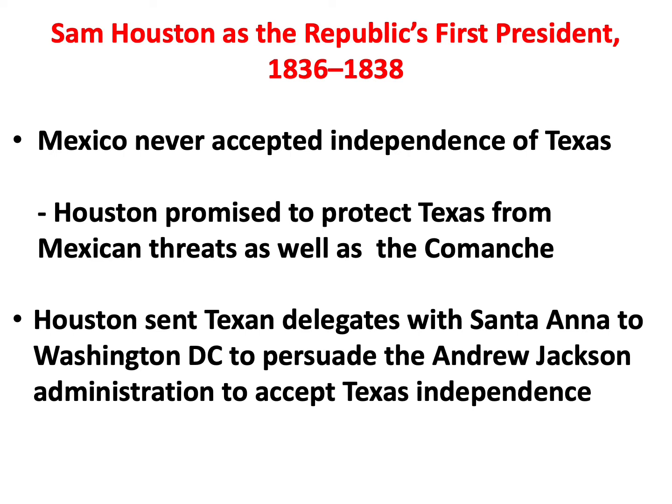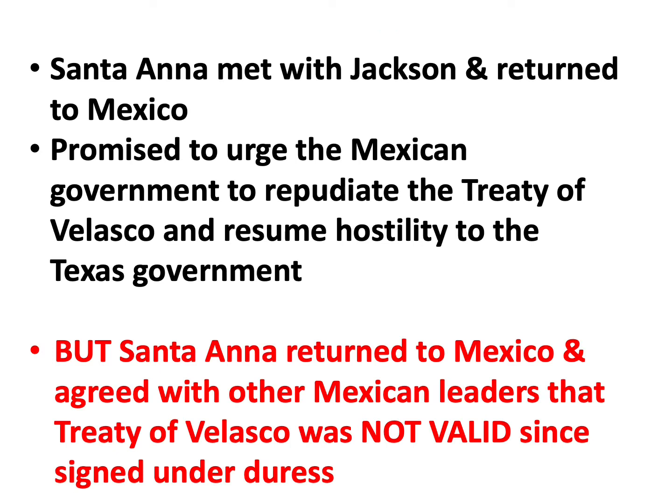So Santa Anna signed that deal because the alternative was to be held indefinitely as a prisoner, and he knew very well that there were many people in Texas who would like to see him killed. So Santa Anna met with Jackson, and he returned to Mexico, in fact, on a U.S. Navy ship.